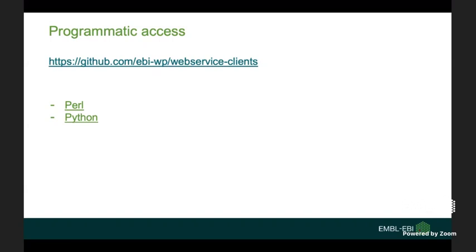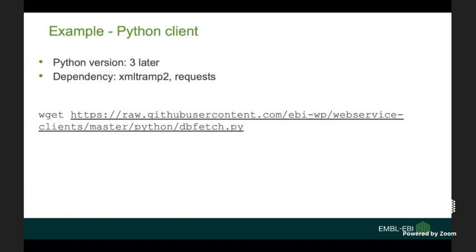Links to both Perl and Python clients are provided here. Now we will go through how to use a Python client. Note that for using the Python client, you need to have Python version 3 or later, also the xmltramp2 and requests Python modules. If you don't have the modules, you can install them with the pip install command.